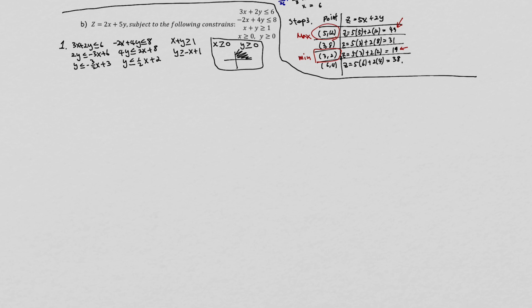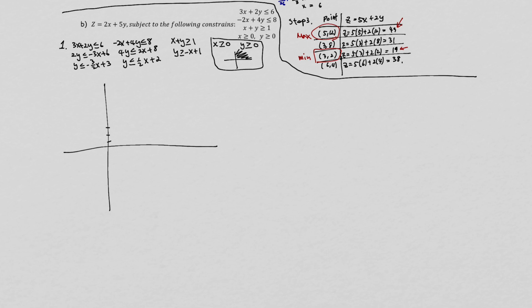Now let's look at all these 3 different equations in a graph. Y is less than or equal to negative 3 over 2x plus 3. Your y-intercept is 3. 1, 2, 3.